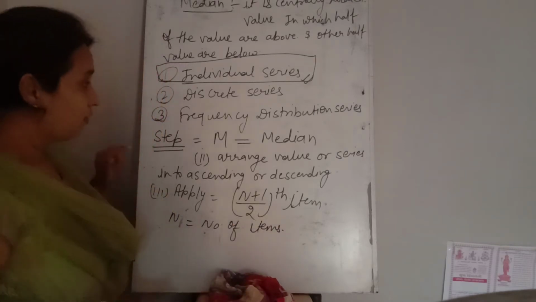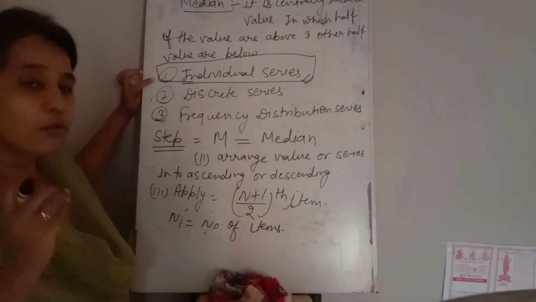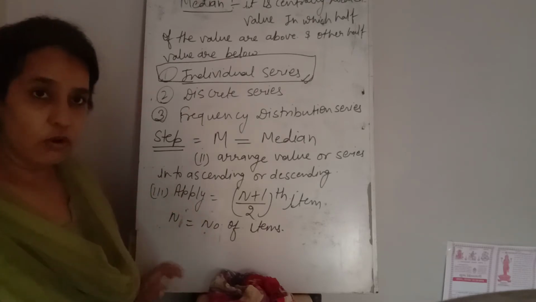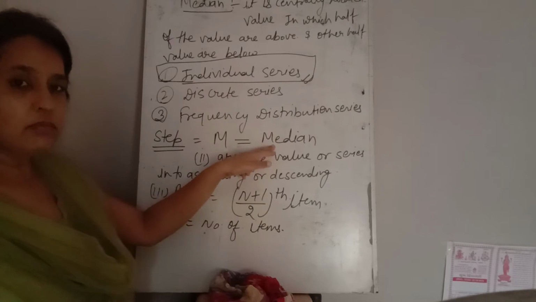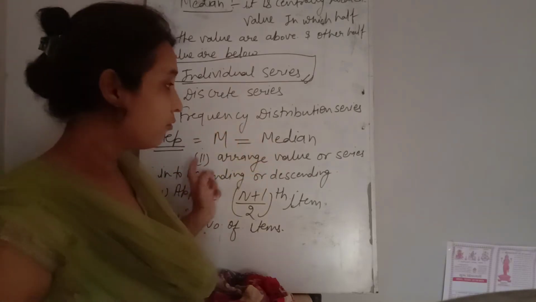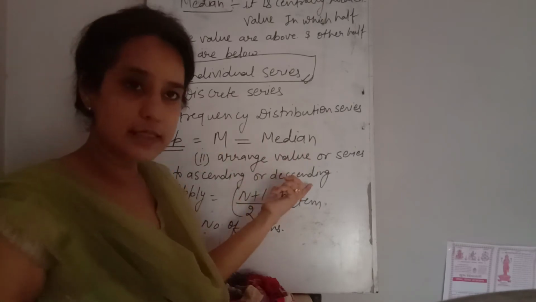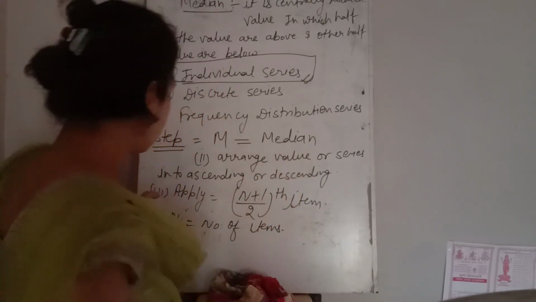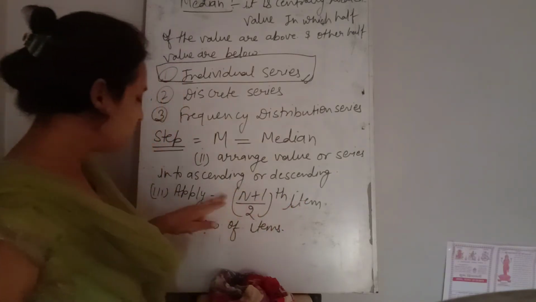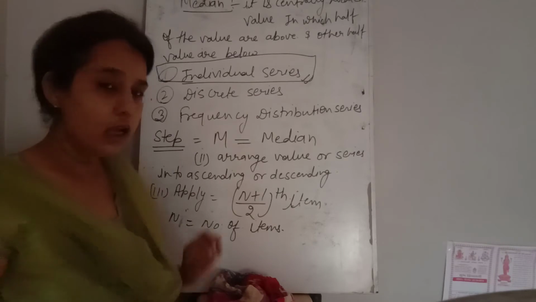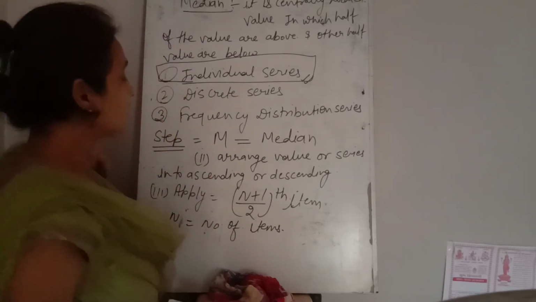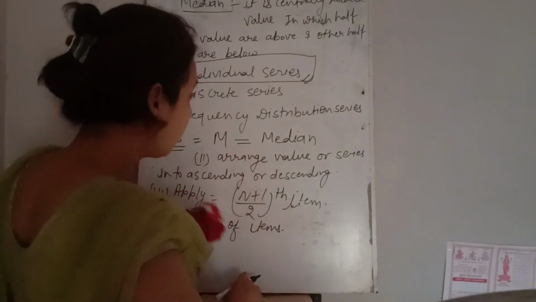Clear? First, we are going to discuss how to calculate median in individual series. We have to follow a few steps. First of all, median is denoted by M. First, arrange the values into ascending order or descending order as per your wish. Second, apply the formula N plus 1 upon 2th item. N means number of items. Clear? Now let me explain with an example.